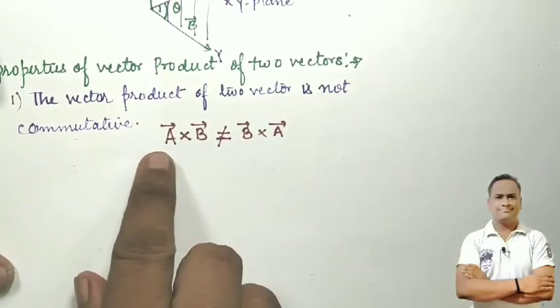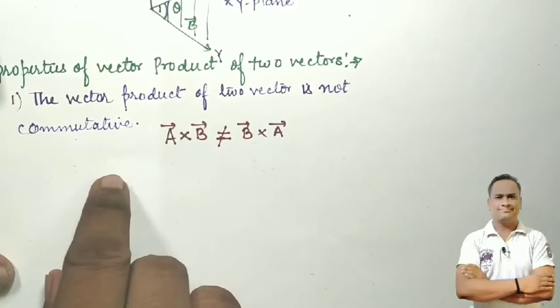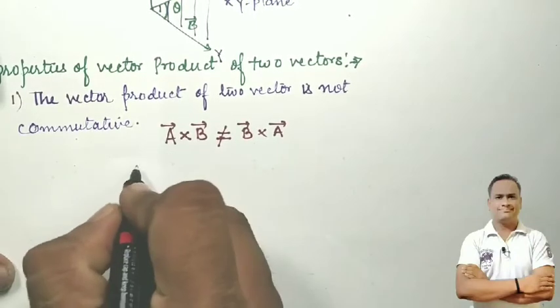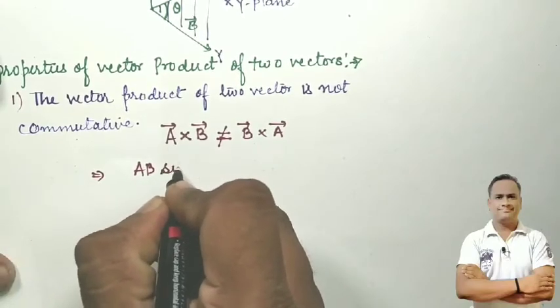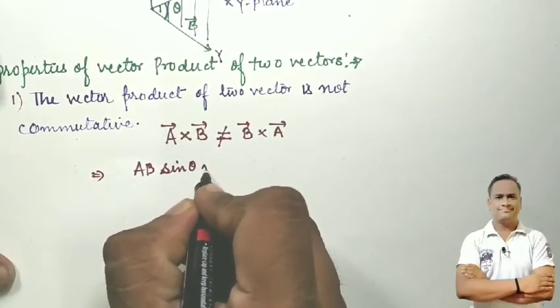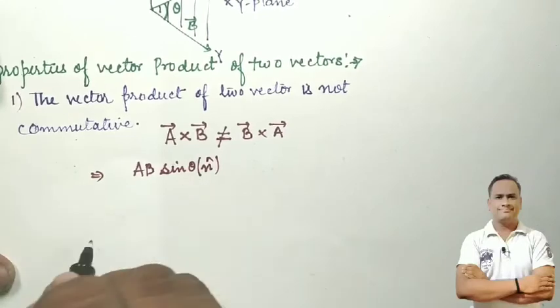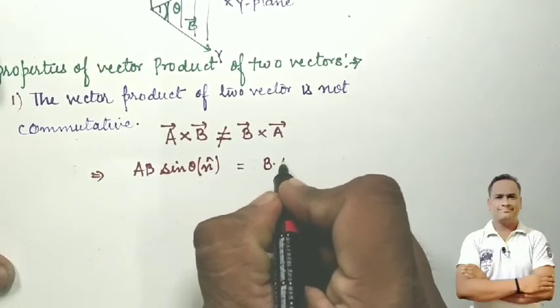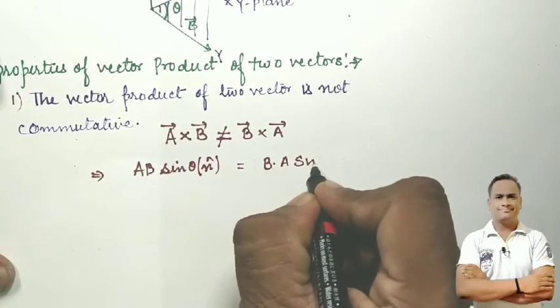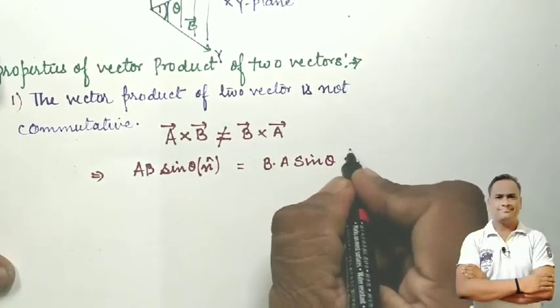As we know, A cross B is equal to AB sin theta into unit vector n. And B cross A is equal to BA sin theta into n.